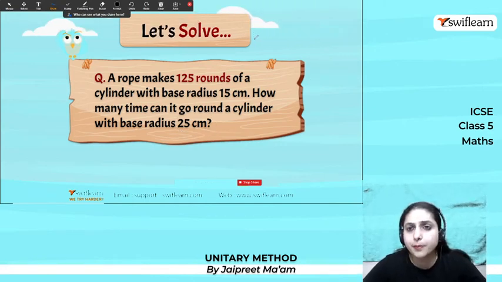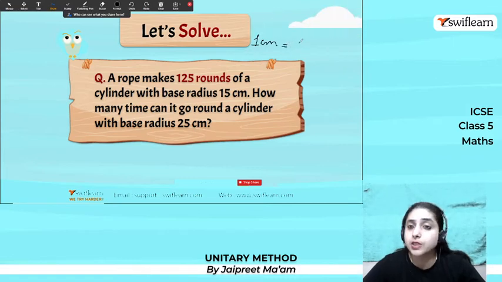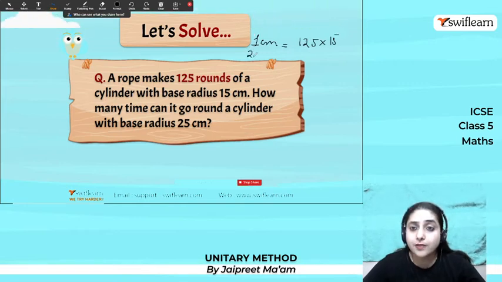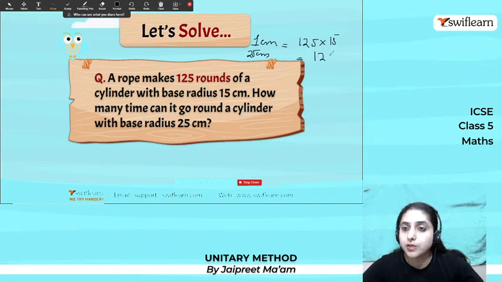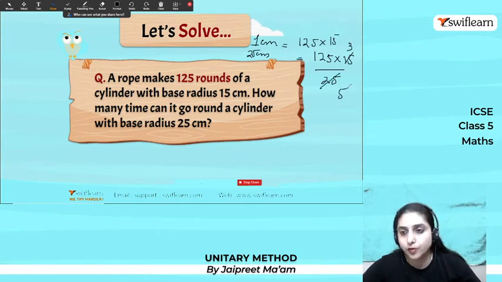So it's very simple. Again we will calculate for 1 centimetre radius. That will be 125 times 15. Now we will calculate for 25 centimetres. So it will be 125 times 15 upon 25. So 25, 5 times, okay, we will do it like this. 5 times 3 is 15 and 5 times 5 is 25.